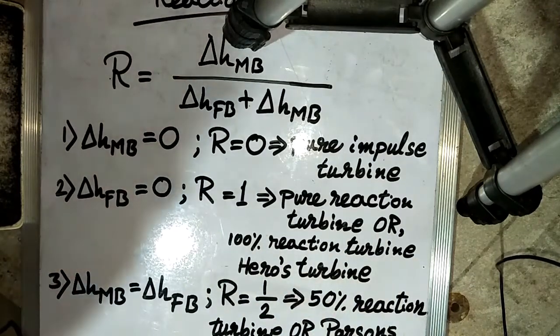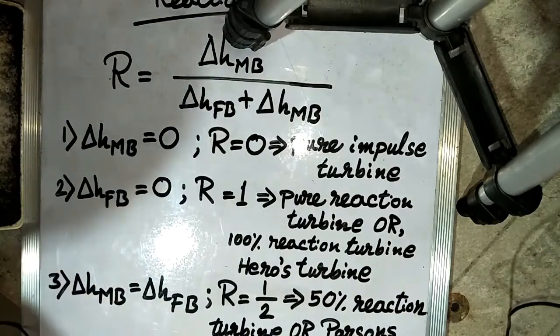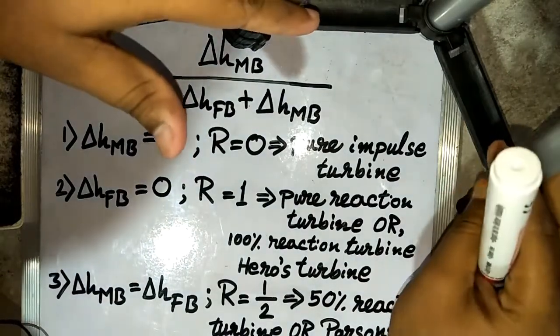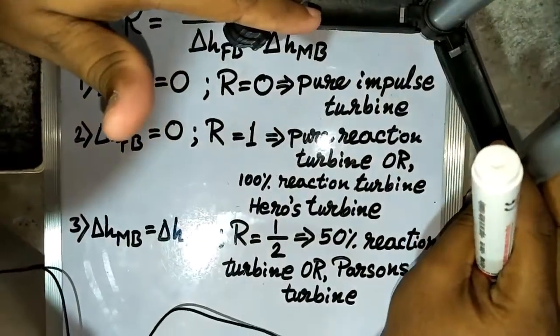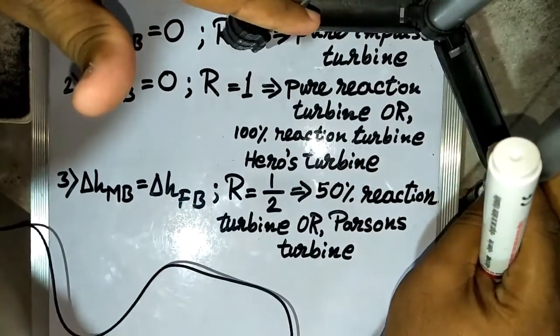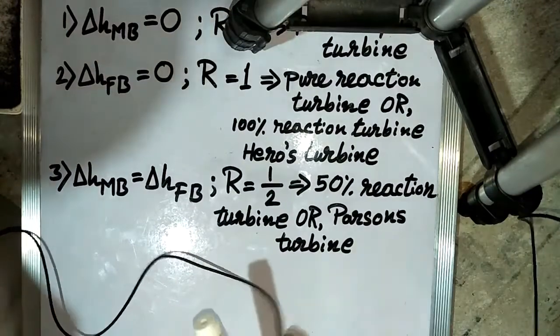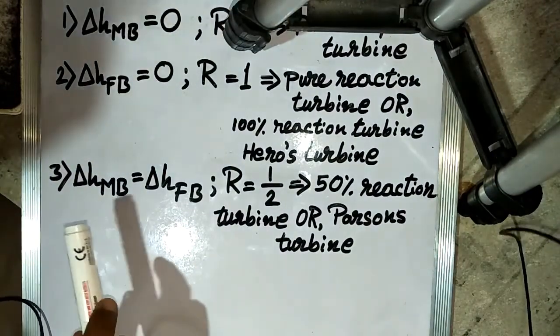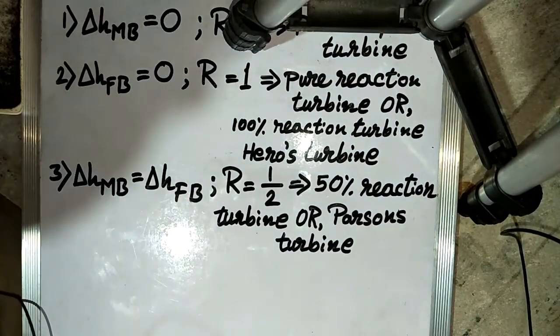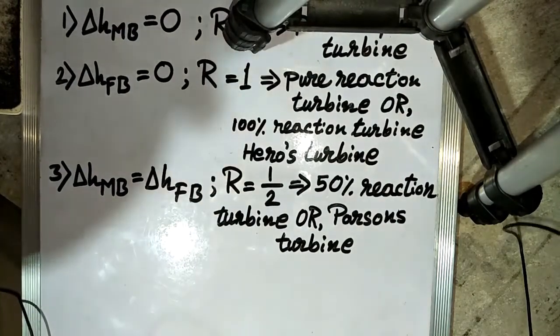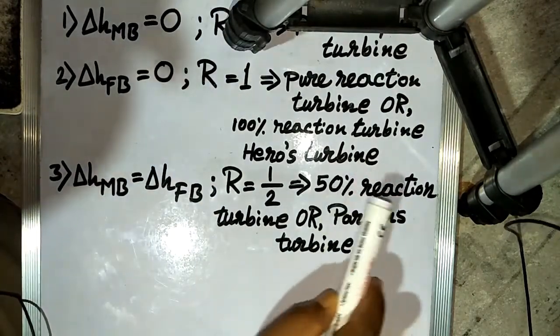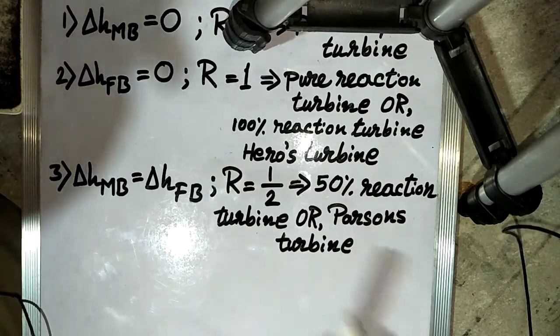Now number 3 is when the enthalpy drop in the fixed blade is equal to the enthalpy drop in the moving blade. So the degree of reaction becomes half, and it's called a 50% reaction turbine or Parsons turbine.